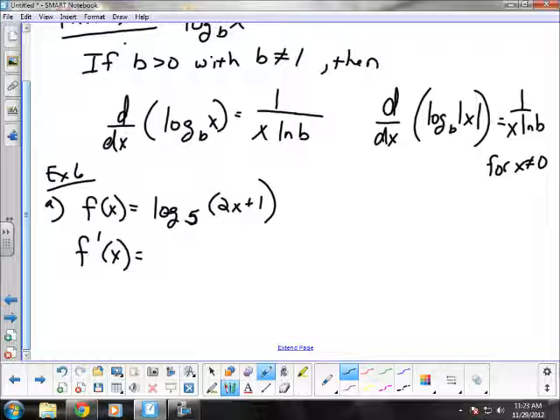We will have to do the chain rule because this is more than just an x. Good, good. That's a way to see it. All right, so in my problem here, I do 1 over the argument, just like it is, times the ln of the base. But since my argument is more than just x, I do have to then multiply that whole thing by the derivative of the argument, which is 2.